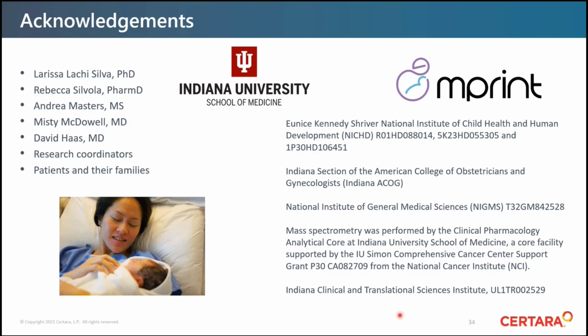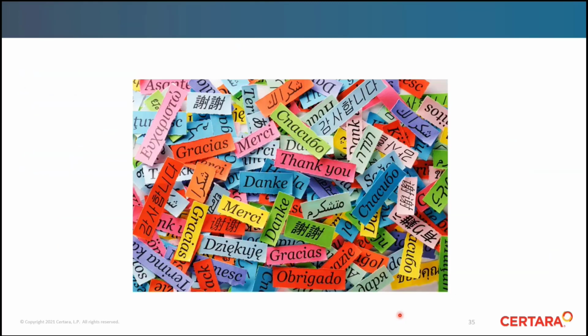Misty McDowell and David Haas were clinical collaborators running the opioid and betamethasone study, as well as our research coordinators, a variety of funding sources, and the patients and their families, without whom this work would not be possible. With that, I will thank you and take any questions.